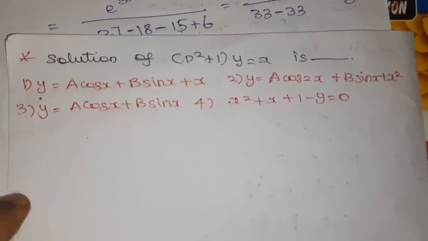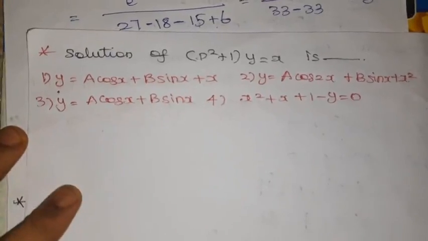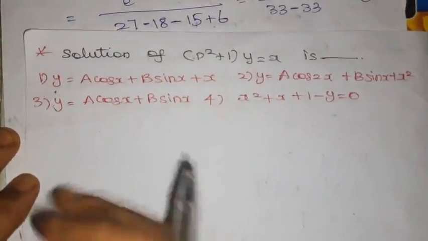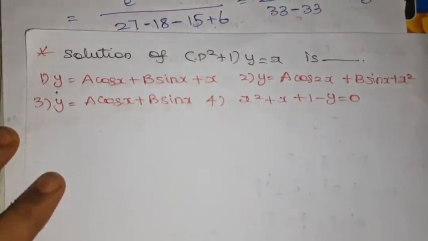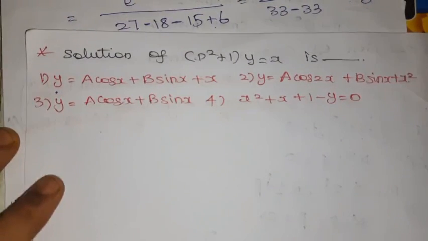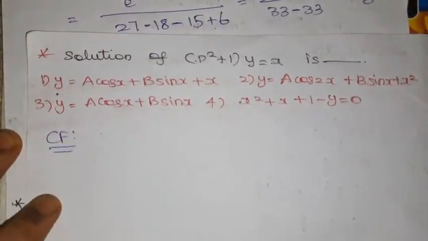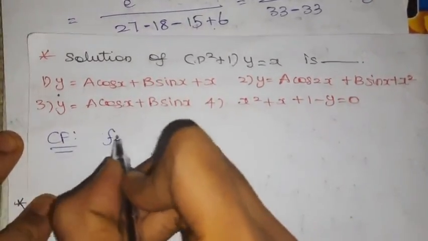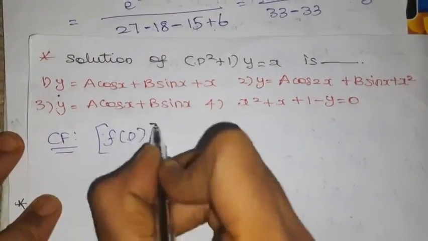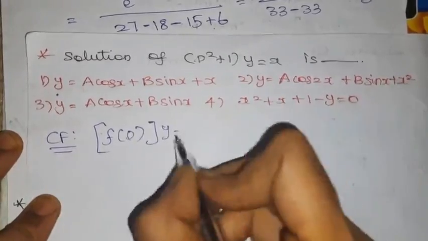Solution of the given differential equation. So solution means we need to find out the complementary function and particular integral as well. First we'll find out the complementary function. To find out the complementary function, this is f of D into y. Assume RHS equal to 0.